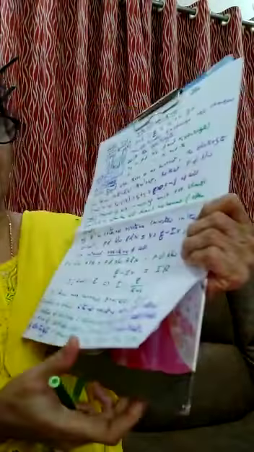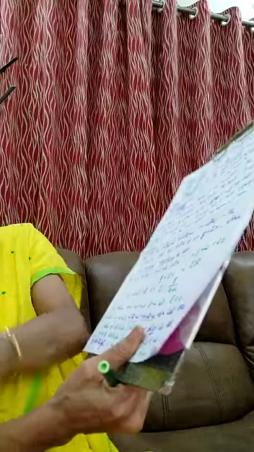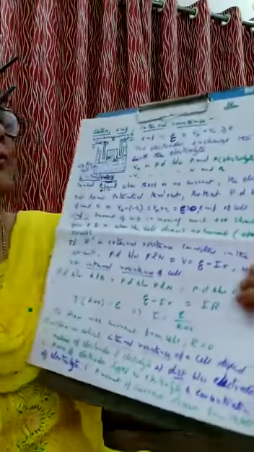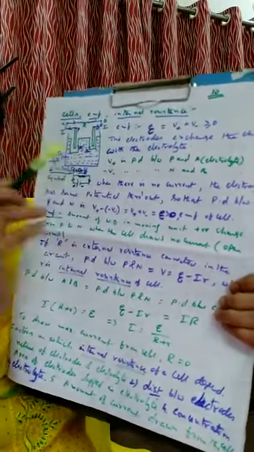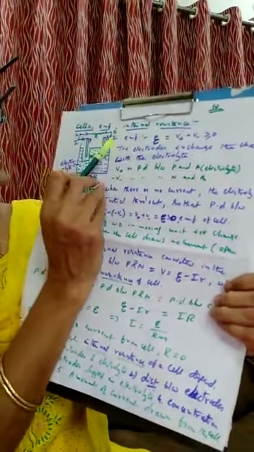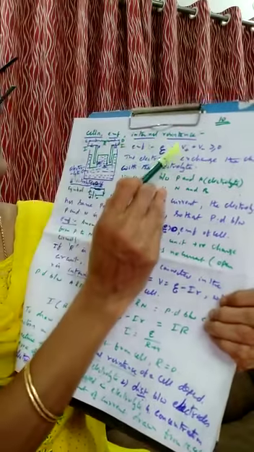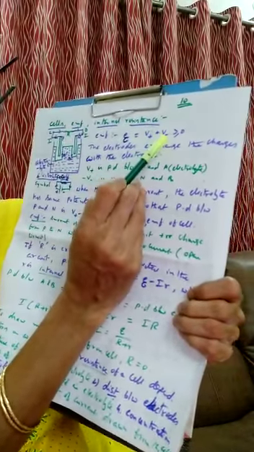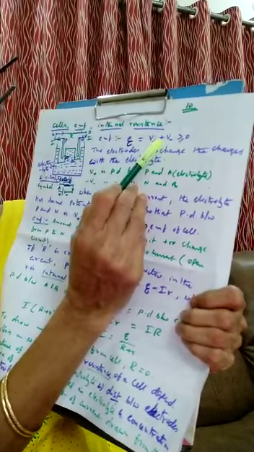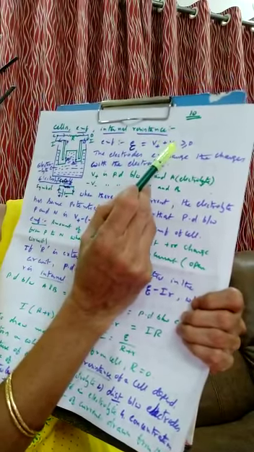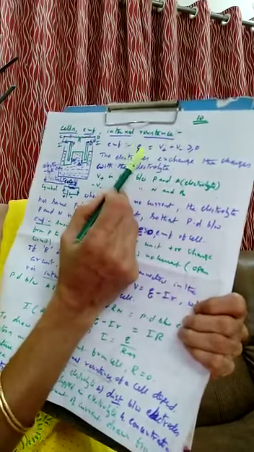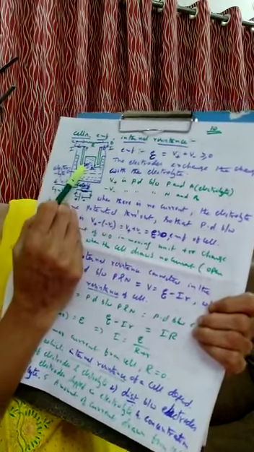First, what is the potential at positive? V plus. And what is the potential at negative? Minus V minus here. So what is the potential difference between P and N? V plus minus of minus V minus, minus into minus plus. So I will write V plus plus V minus, which is greater than 0, that is the EMF of the cell.